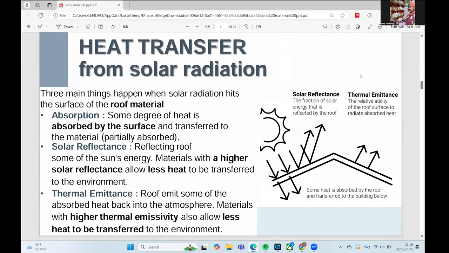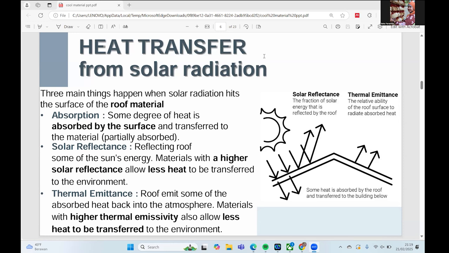So this is the idea. When we know the heat transfer from the solar radiation, can we make our material much more friendly for the urban outdoor area? When there is absorption, we are going to make it reflected. So when we have a material with a higher solar reflectance, it's going to allow less heat to be transferred to the environment and also to the indoor area.